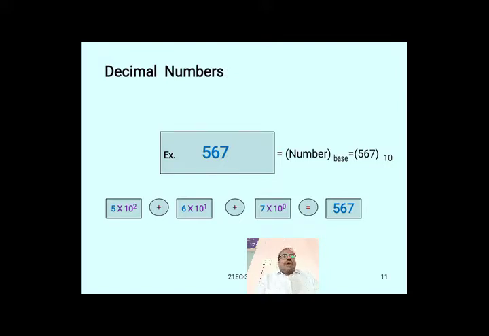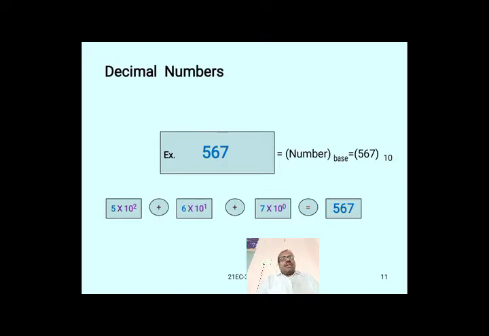So 5 into 10 square plus 6 into 10 power 1 plus 7 into 10 power 0. It represents 5 into 10 square means 500, plus 6 into 10 means 60, plus 7 into 10 power 0 means 7. 500 plus 60 plus 7 equal to 567.